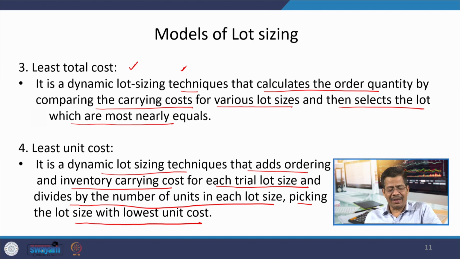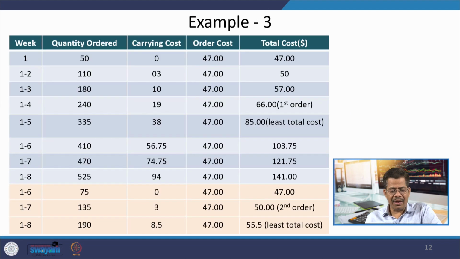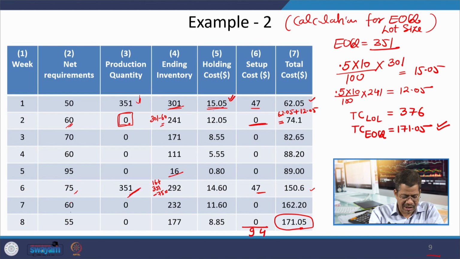In one case you are comparing the lot size for the entire lot and in another you are comparing for the unit cost. So, let us see the example with this system when we are seeing the least total cost system, and in this case the data is same as what we have seen in the previous class.